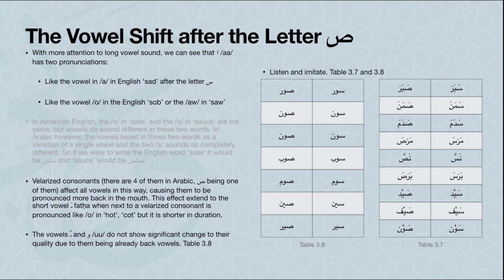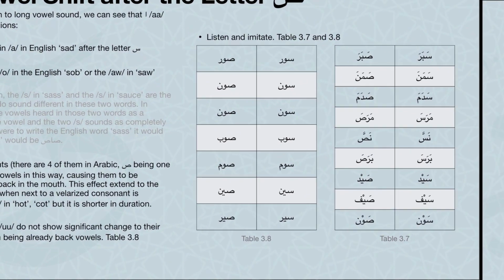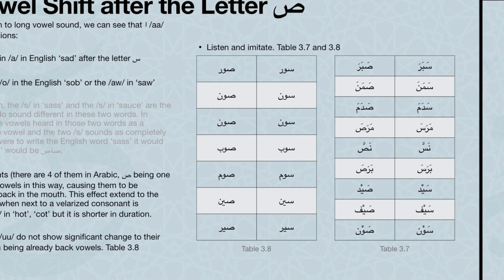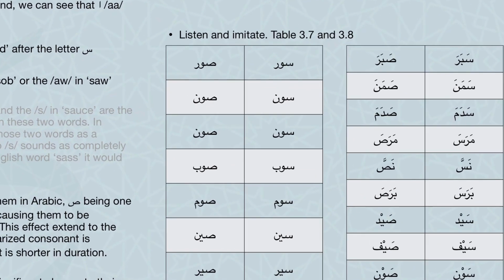So let's start reading, and I want you to please read or listen carefully. This is where the wow happens, the wow fiasco. So listen carefully. Sur, sur, sur. There's a tiny degree of velarization or emphasis, an o sound, but it's not pronounced.